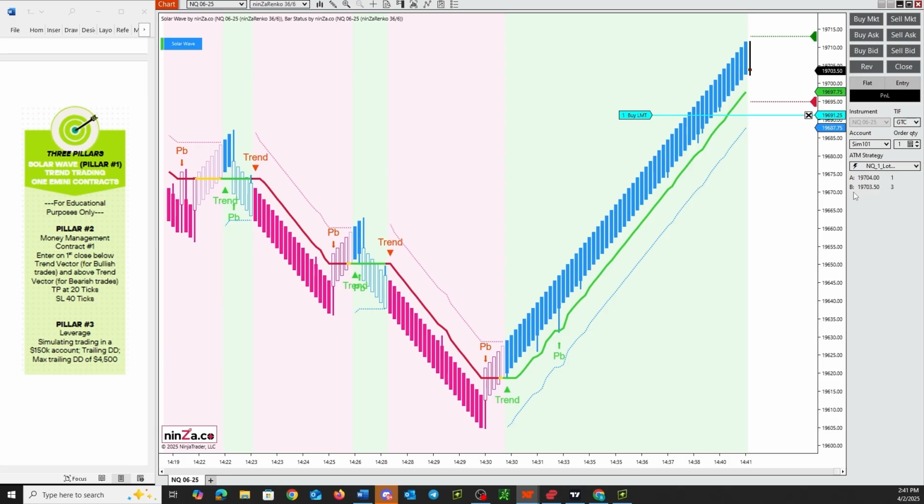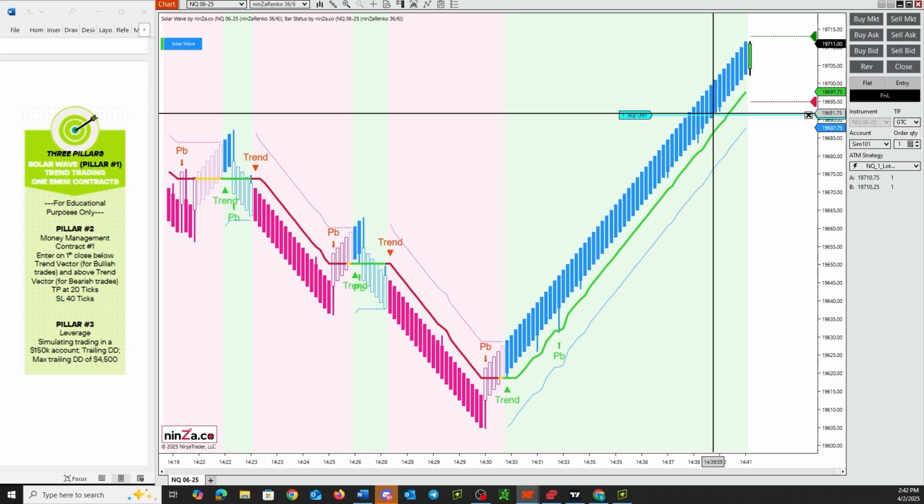Alright, we're back over the overnight high, that area. It's just cutting right through that like it was nobody's business.